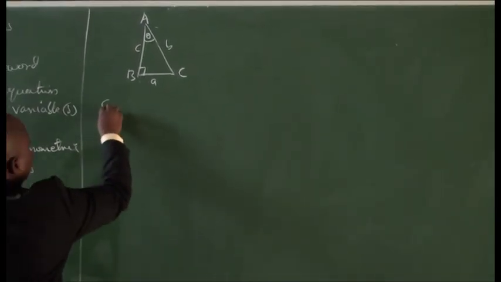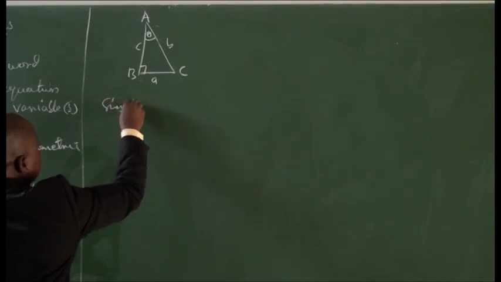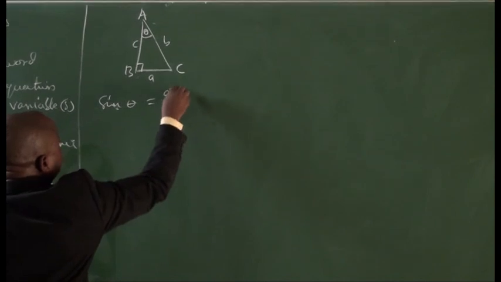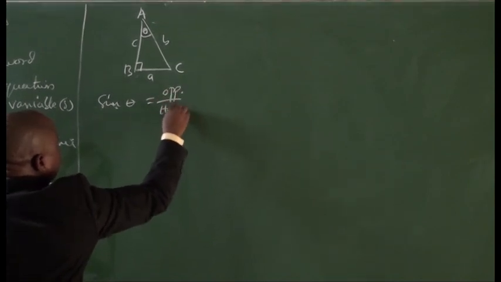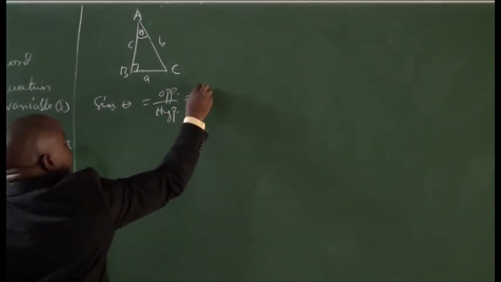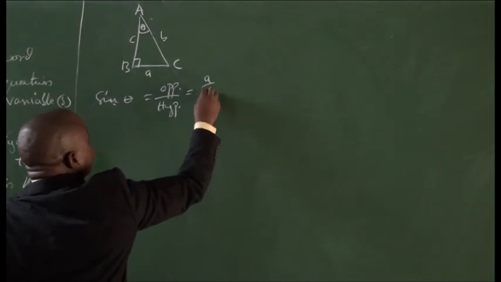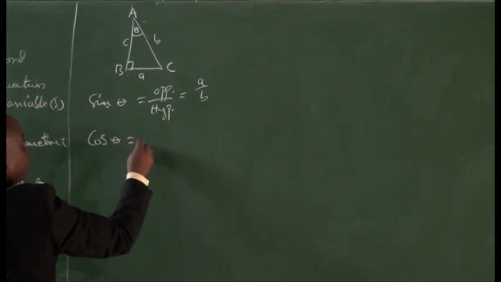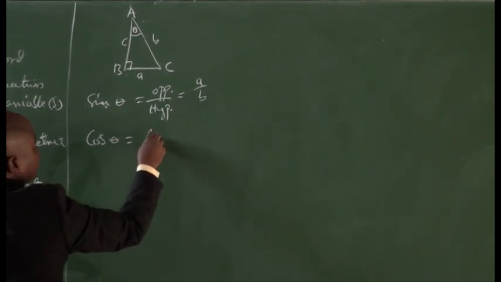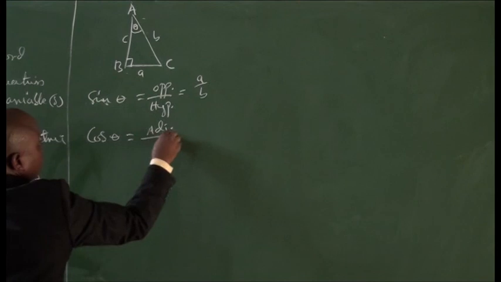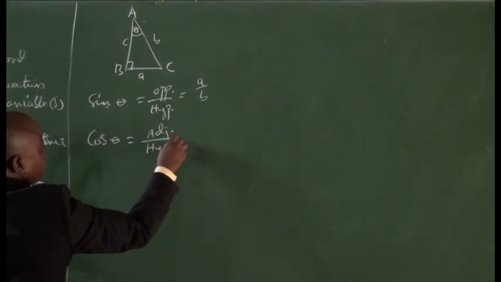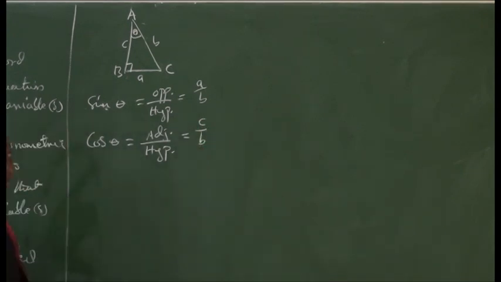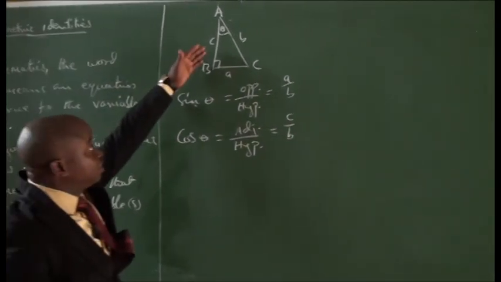Now, sine theta equals opposite over hypotenuse, which is A over B. We also know that cos theta is adjacent over hypotenuse, which is equal to C over B, from what we have learned.